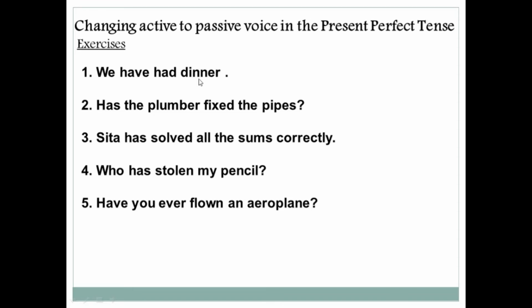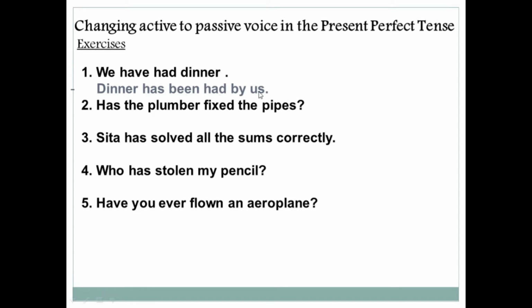That's the formula. So the subject is we, the verb is had, and the object is dinner. So your answer will be object plus has or have plus been plus third form of the verb plus the subject. So, dinner has been had by us.